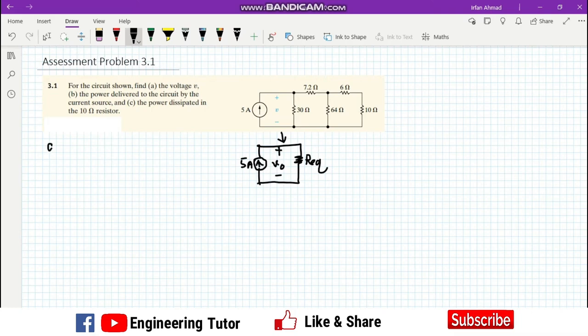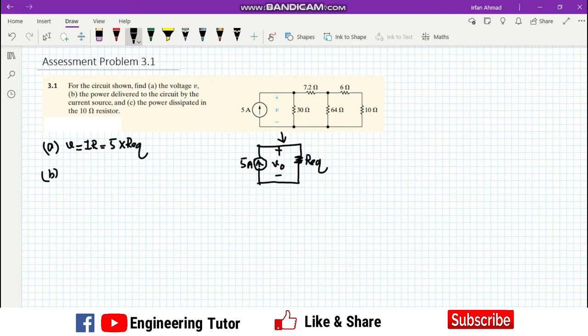In part A, the voltage V will be equal to I into R. This I is given, which is 5, but the value of R is not given.